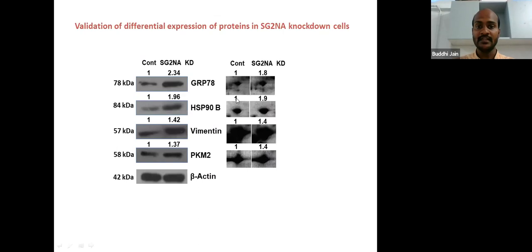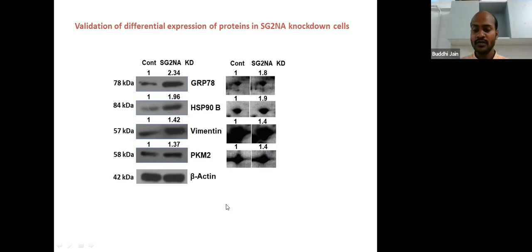On the right panels, these are the dots from the two-dimensional gel, and this is the Western data which shows that in the SG2NA knockdown condition, there is an increased expression of GRP78, an increased expression of HSP90B, and an increased expression of other proteins like vimentin and PKM2, which we got in our proteomic data. So up to this point, we validated that whatever we got in our proteomic data is correct.